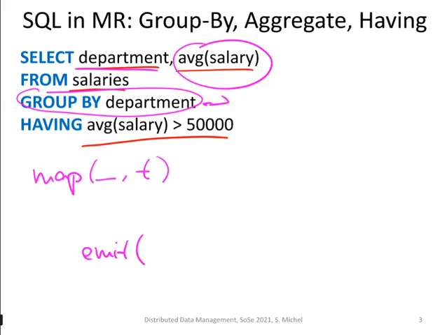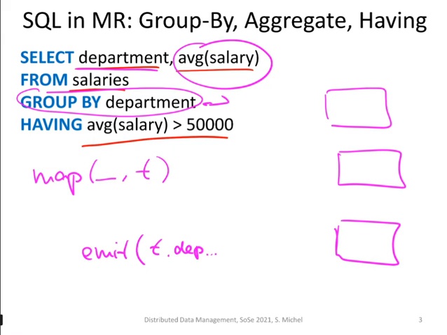Well, we have to take t.department as the key, because then MapReduce is able to forward all the tuples to the individual reducers according to the department ID or name. Right? Let's say we have IDs here, so then we would, for instance, have department or some employee information.